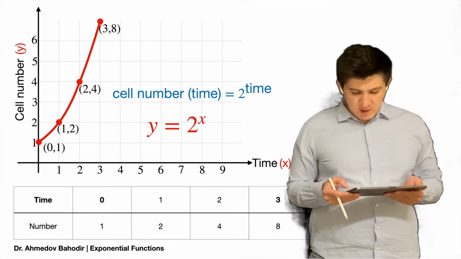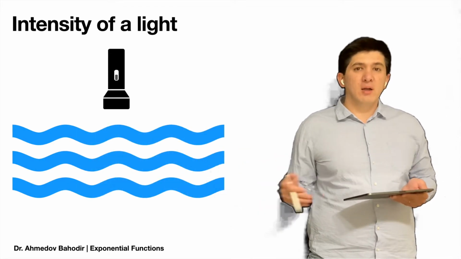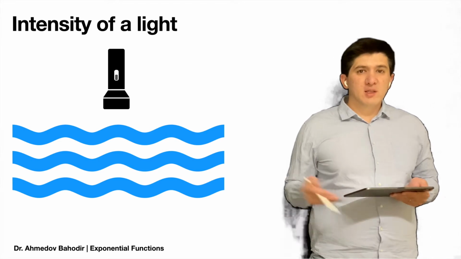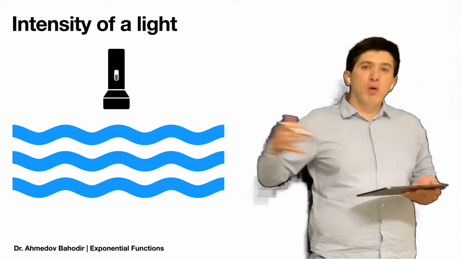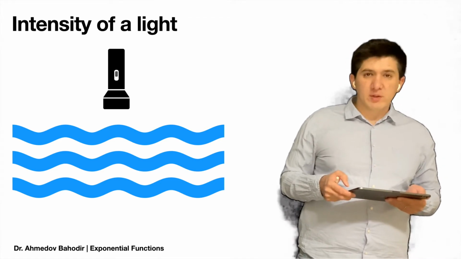For example, in physics, I would be interested to understand the intensity of the light over the depths of the flow. So let's say I've got water, and I'm going to flash a light on the surface of this water.